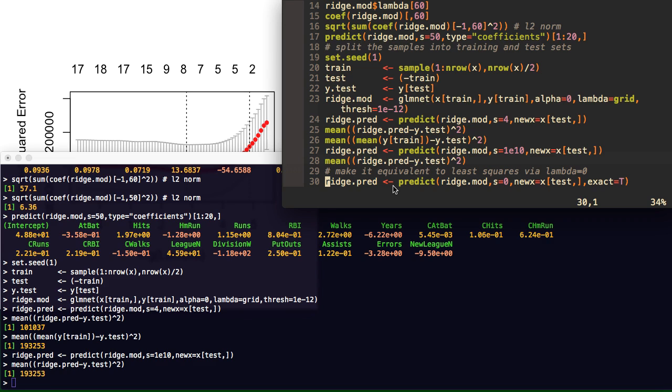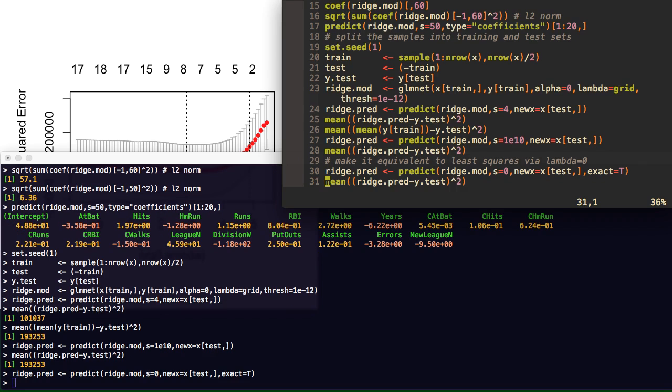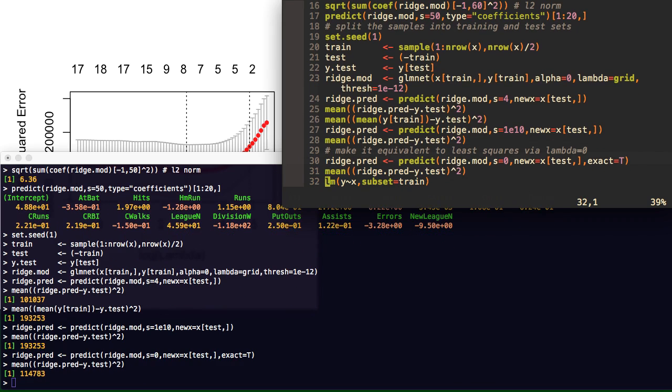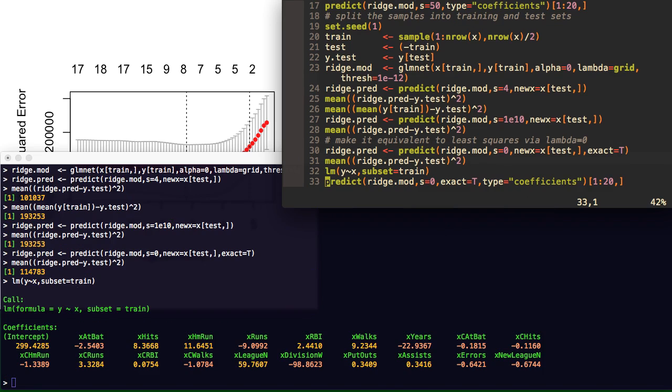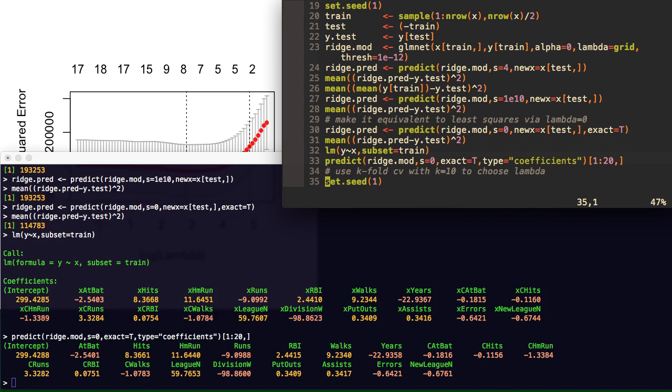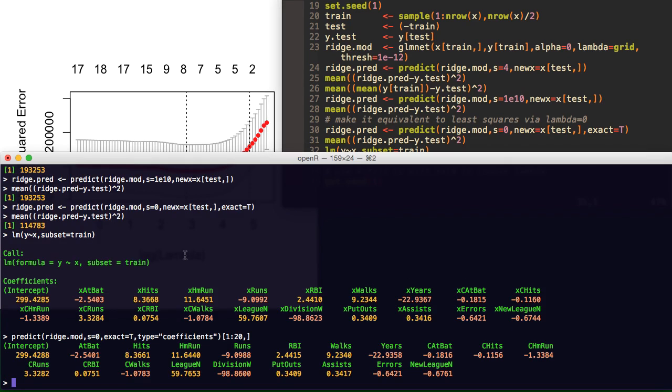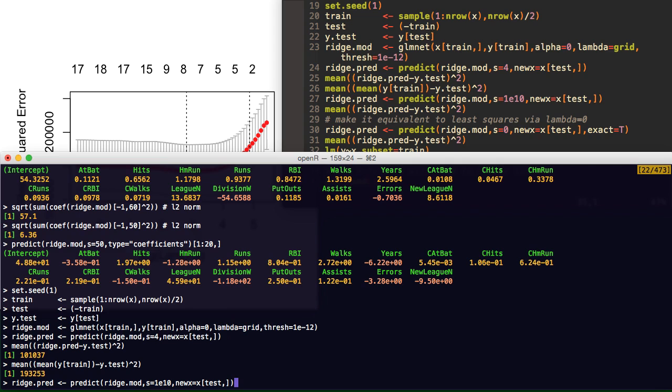Okay, so now we're going to make it equivalent to least squares. So the question is, does this do any better of a job than least squares? And it does a substantially better job than least squares. Let me go back up here.